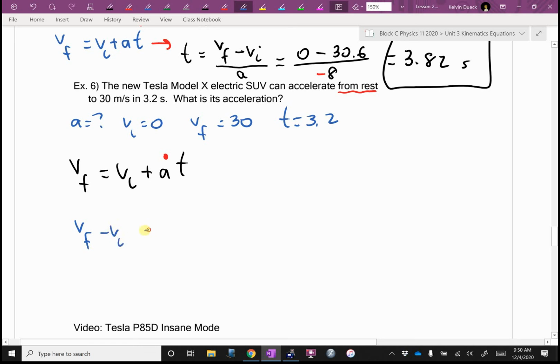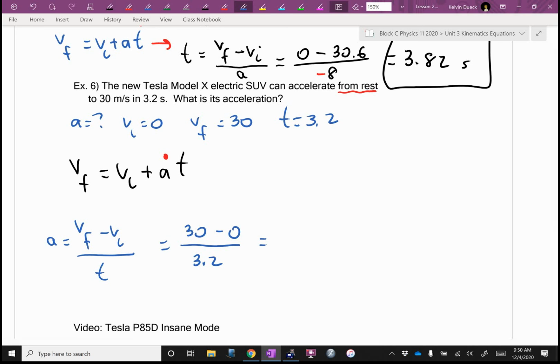That would leave me with, in my mind, I don't write this down, I imagine it, AT. How would I get the A by itself? How would I move the T over? The whole right-hand side, divided by T, equals A. So it's going to be 30 minus 0 divided by 3.2, which is what? 9.38.